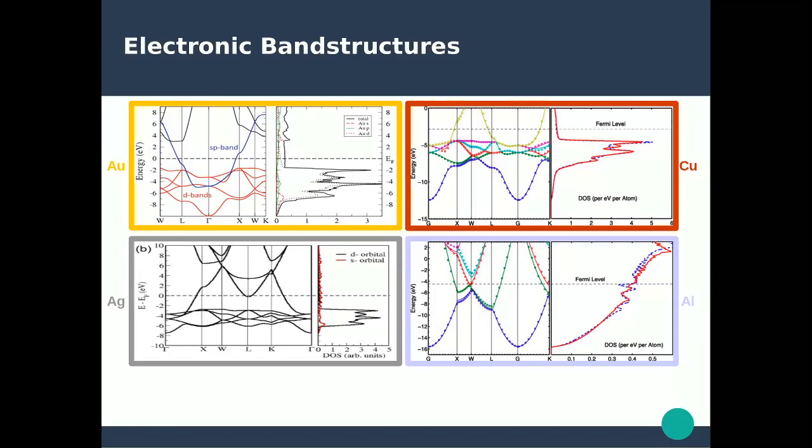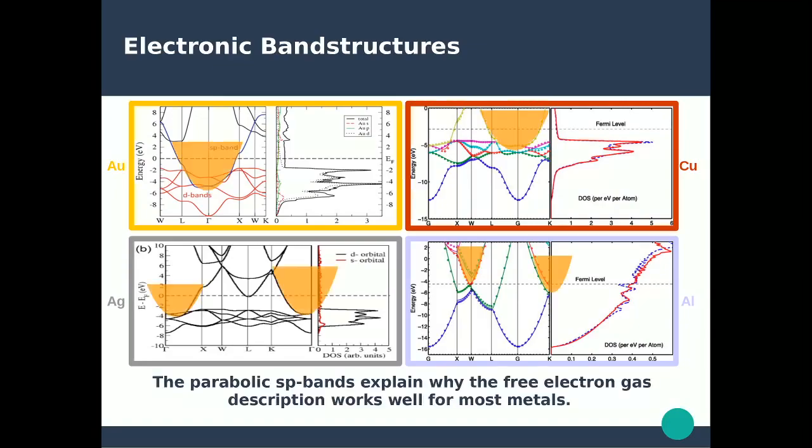And the reason why it works very well for metals is because the conduction bands of metals are actually parabolic. So if you look at the shape, the dispersion, the energy as a function of the k vector, the momentum, of these conduction bands, you see that they are in fact very close to parabolic shapes, and that explains why the free electron model works very well.